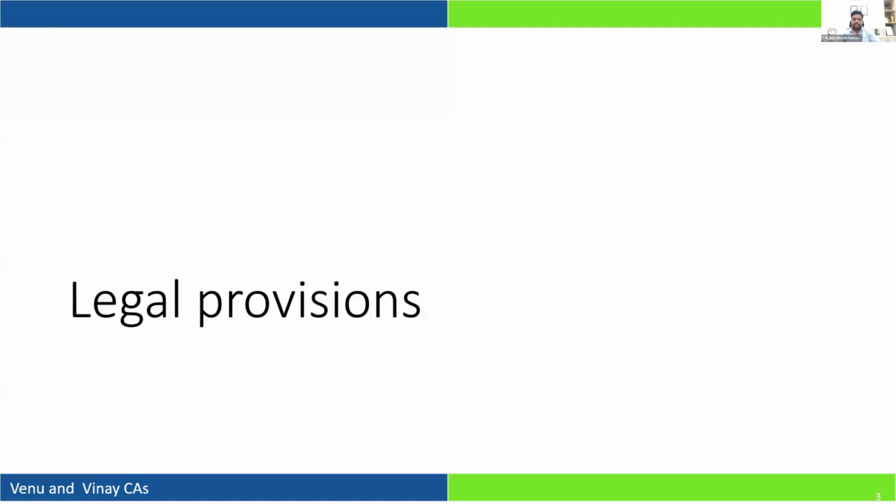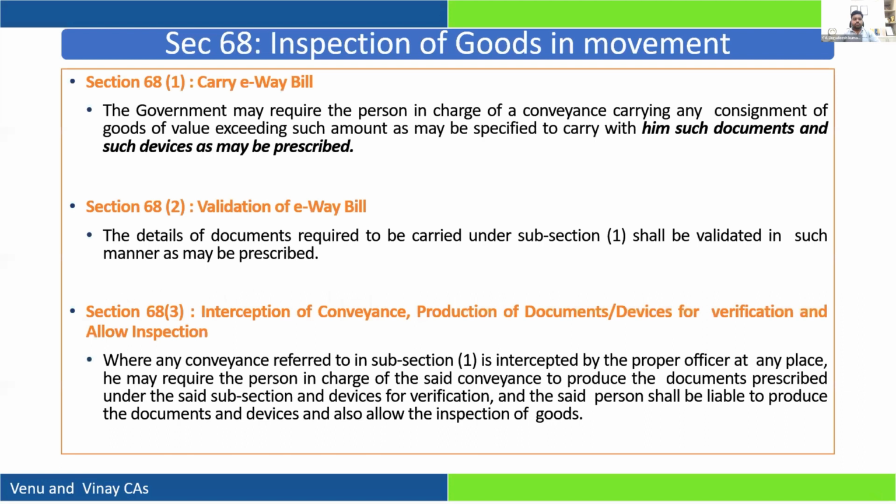First, we'll see the legal provisions with respect to the e-way bill. So the basic enabling section for inspection of the goods in movement is section 68. Section 68 gives power to the department to prescribe the documents which are required to be carried by the person in charge of the conveyance.